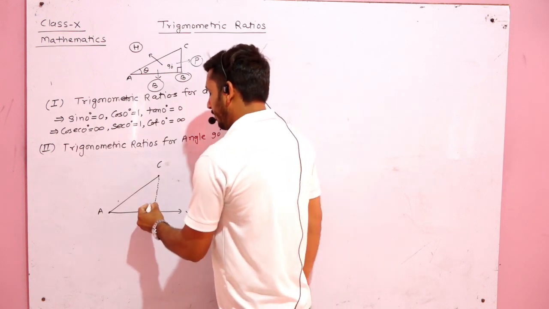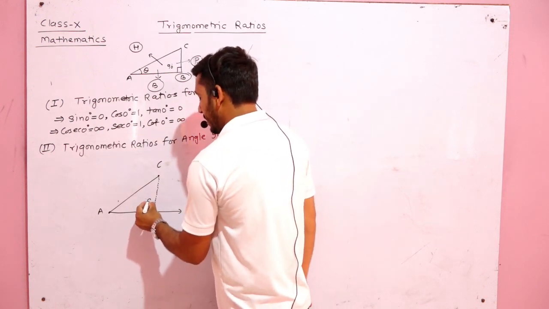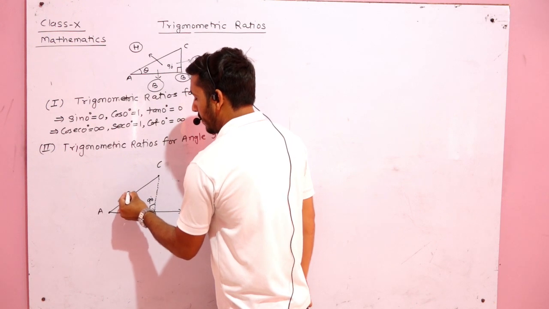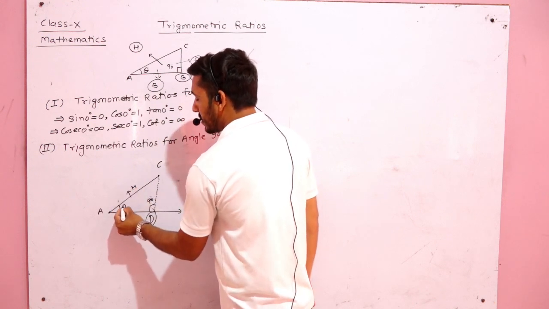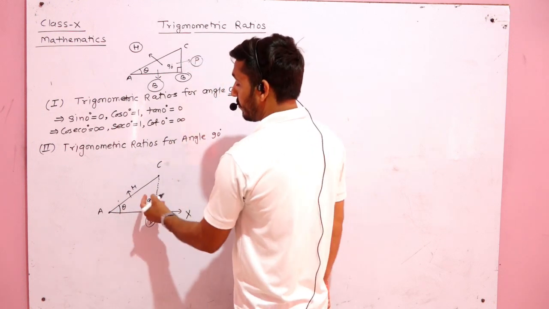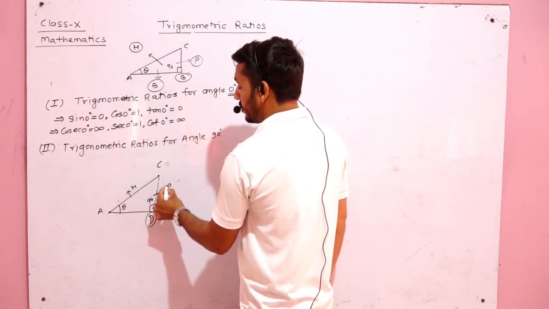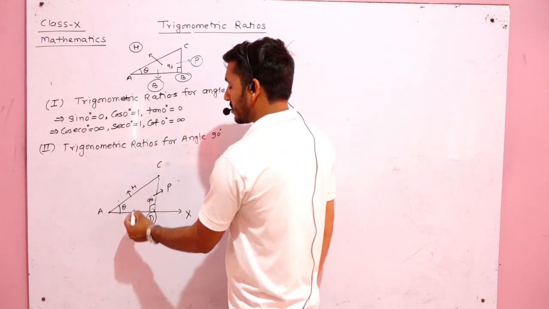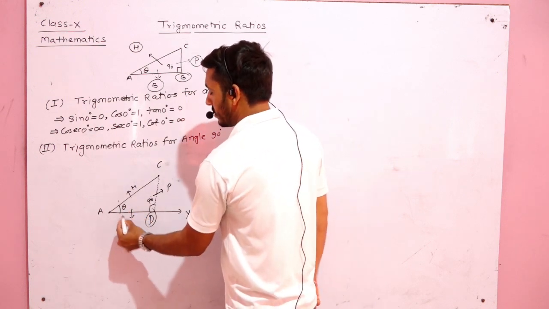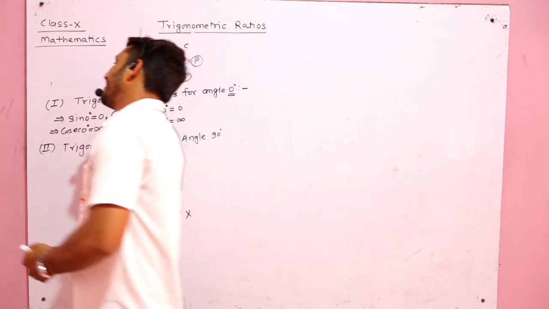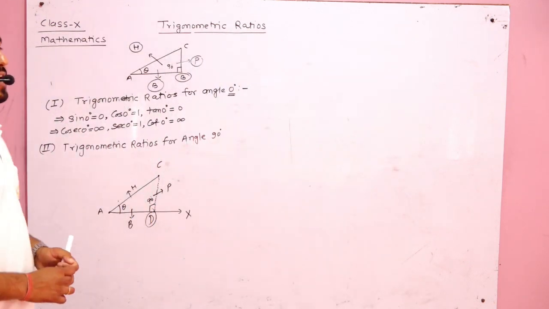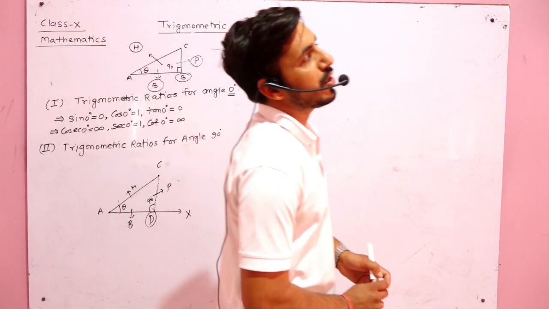If I am taking this angle 90 degree, then this will be hypotenuse. If I am taking angle as theta, then the sides in front of theta is taken as perpendicular and the remaining third side is base. This is the base.